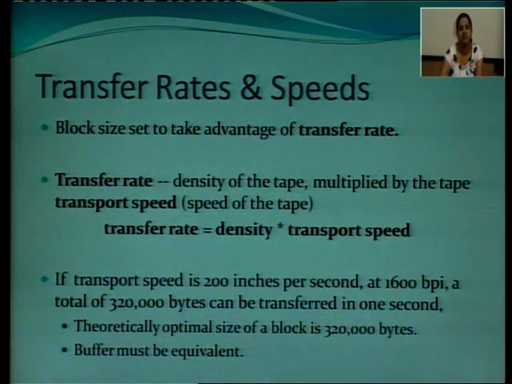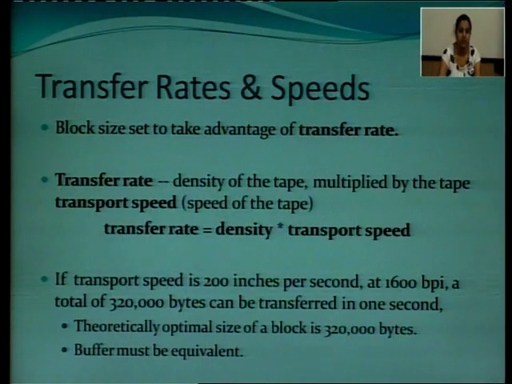Then comes the transfer rates and speed. The block size is set to take advantage of the transfer rate. So transfer rate is the density of the tape multiplied by the tape transport speed; speed and density of the tape multiplied give us the transfer rate.